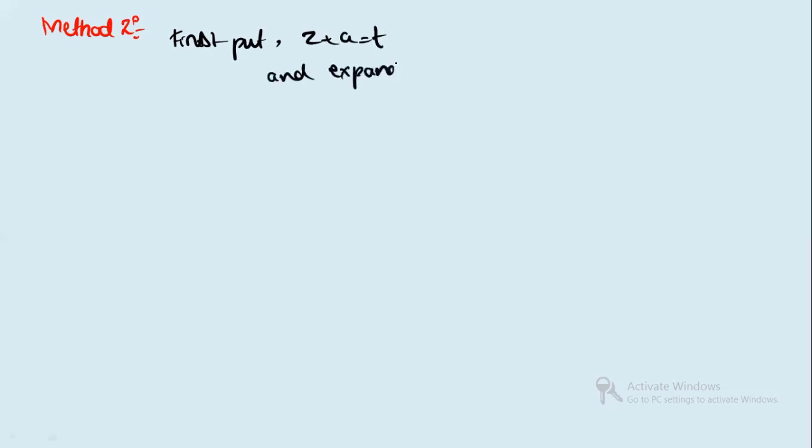Now next, see method 2. For method 2, what will you do? You first put z plus a equals t, and expand it into series.